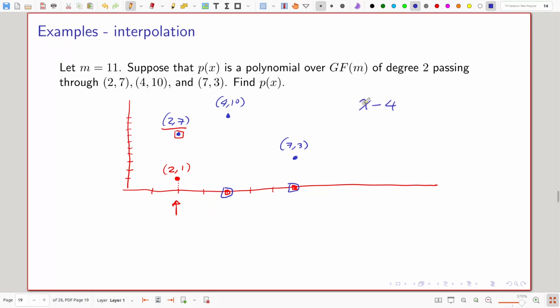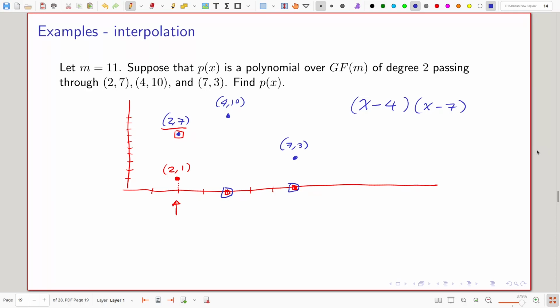So x minus 4 is 0 at 4, right? I also want this polynomial to be 0 at 7. So what should I do? So I can just multiply the whole thing with x minus 7. So this is a polynomial, right? What is the degree? It's a polynomial of degree 2. Okay? And it is 0 at 4 and 7.